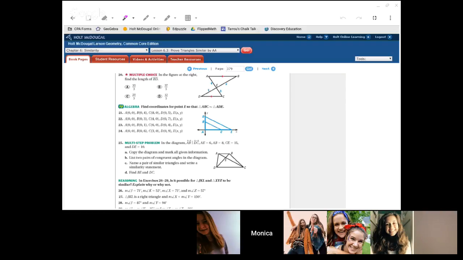So what we're looking at there, we've got to set up proportions, right? So if you can figure out the distance between A to B and A to D, because you have coordinates for those two points, right?